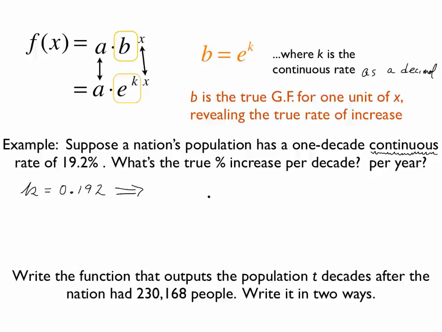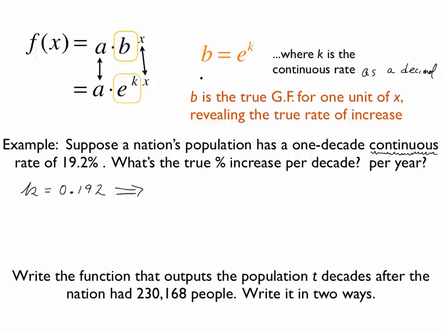If K is 0.192 and we want to figure out what the true percent increase per decade is and then per year, what's the key? Yeah, maybe something like that would work.